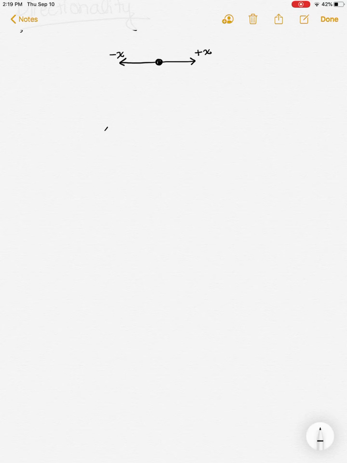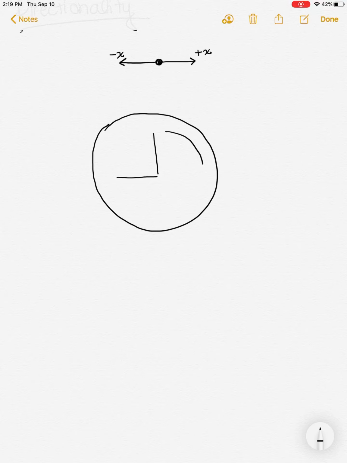In terms of angles, we have clockwise and counterclockwise. So let's just say I have a disk, and we have to think about which way a clock goes. So if I were to look at a clock and I see that it is 9 o'clock, I know that the clock moves downwards, because that's 1, 2, 3, so on and so forth.